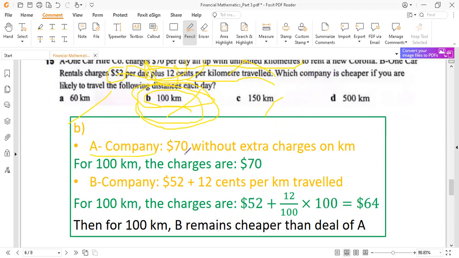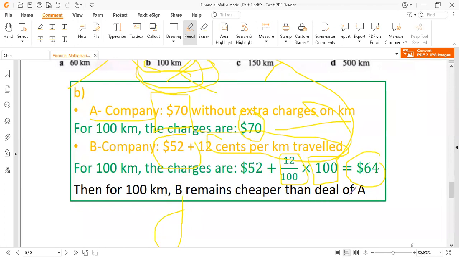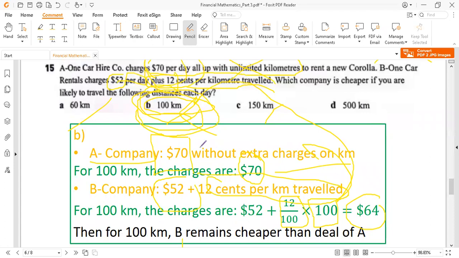For company A, we have a fixed, constant fee of $70 without extra charges on kilometers. For company B, we have $0.12 per kilometer traveled, so 12 over 100 times 100, where the second 100 refers to the number of kilometers traveled, equal to $64. Normally the company B remains cheaper than the deal of A for 100 kilometers.